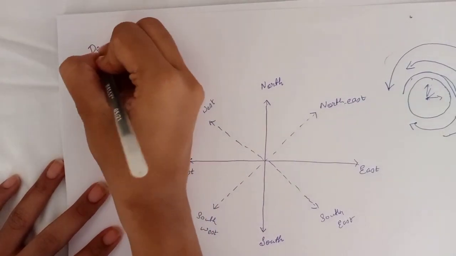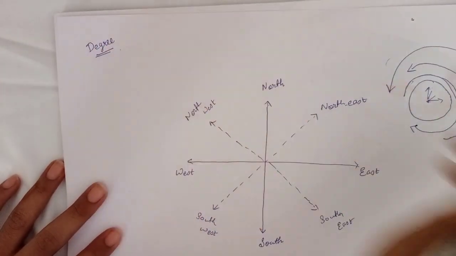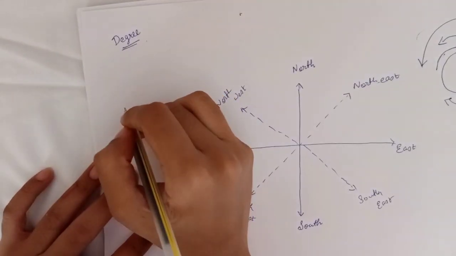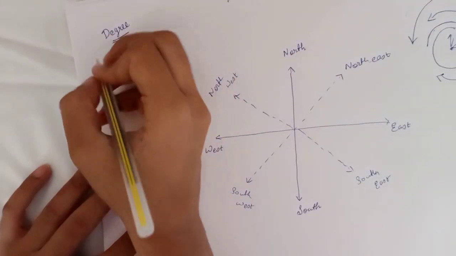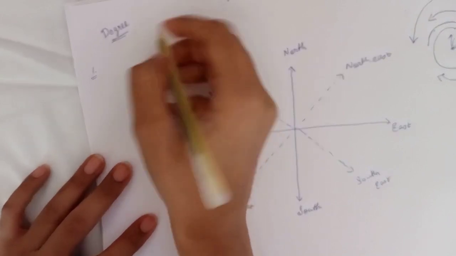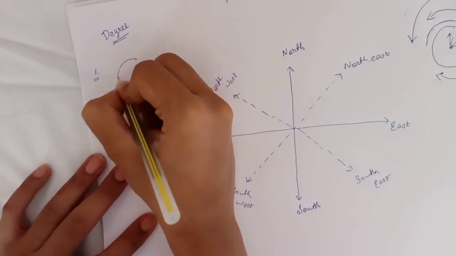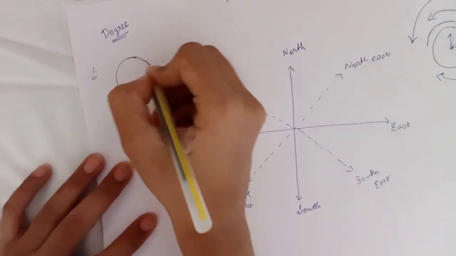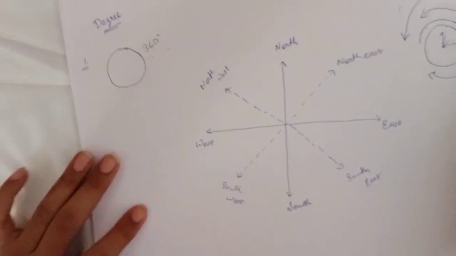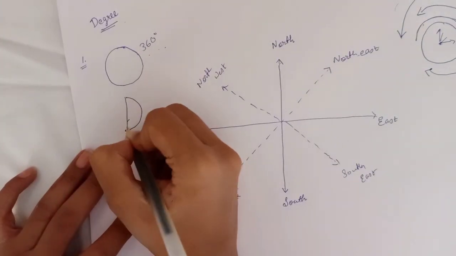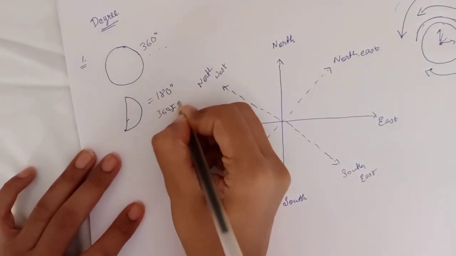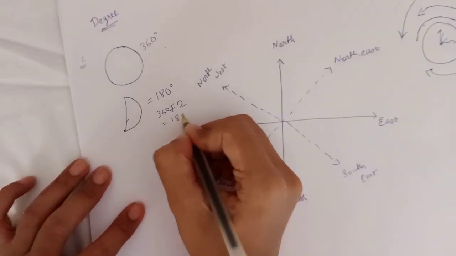Now degree. There are various ways to learn about this. There are 3 ways. First way, we know the degree of a total circle, a full circle is 360 degree. A semicircle is 180 degree, that is 360 divided by 2 is equal to 180 degree.